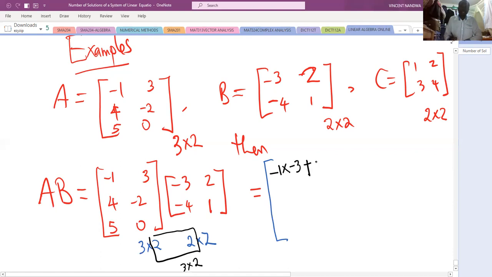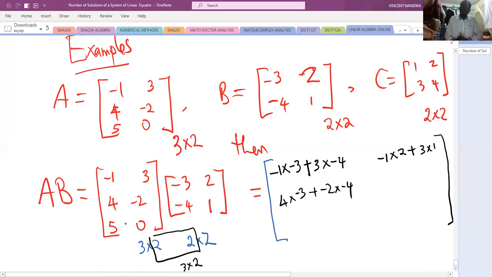So this row by this column, I'll have -1 times -3 plus 3 times -4. That's the element in this position. Then the element in this position would be -1 times 2 plus 3 times 1. Then the element here will be this row, this column: 4 times -3 plus -2 times -4.